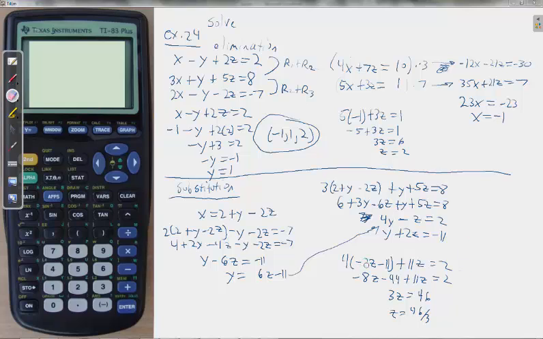Alright, we're getting there. Six z minus 11. So that would get me 24z.